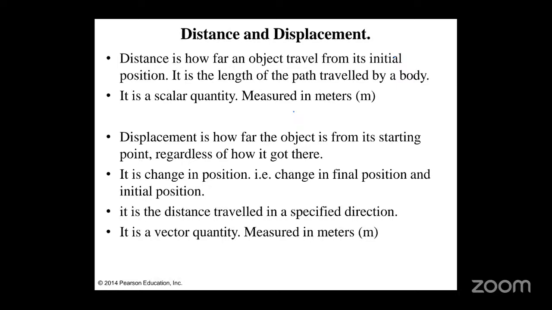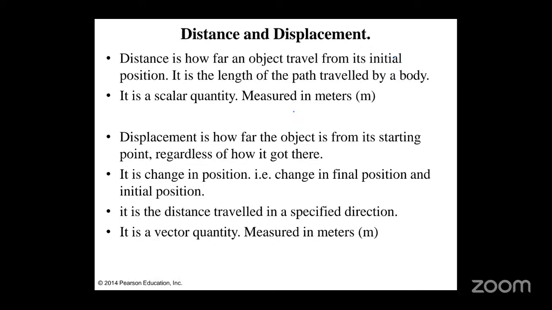Displacement. Displacement is how far the object is from its starting point, regardless of how it got there. So while distance considers the paths the object travels, displacement does not consider the paths the object travels. The displacement only considers the starting point and the final point.